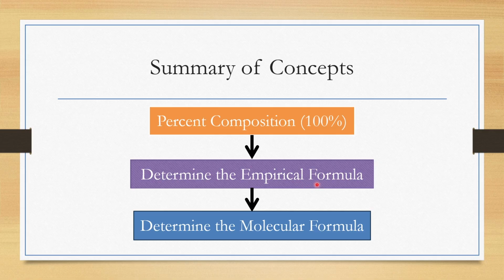Using that formula, we can tune it down and find the molecular formula using the total mass of the compound. Because with the mass, we're able to scale the empirical formula into the molecular formula.